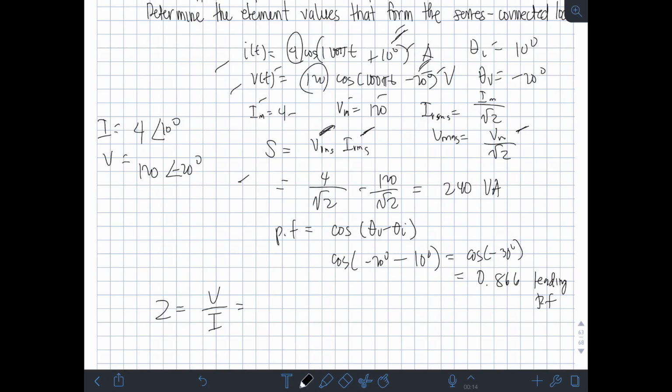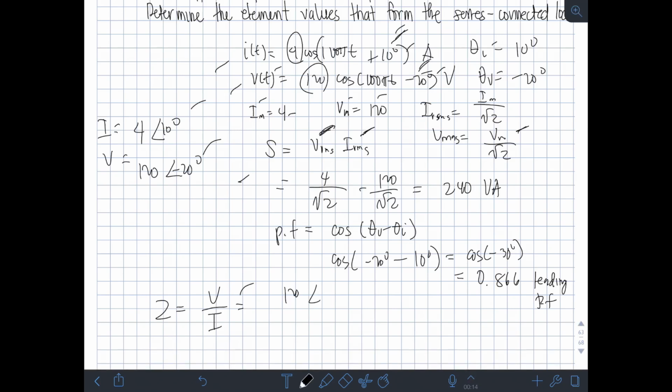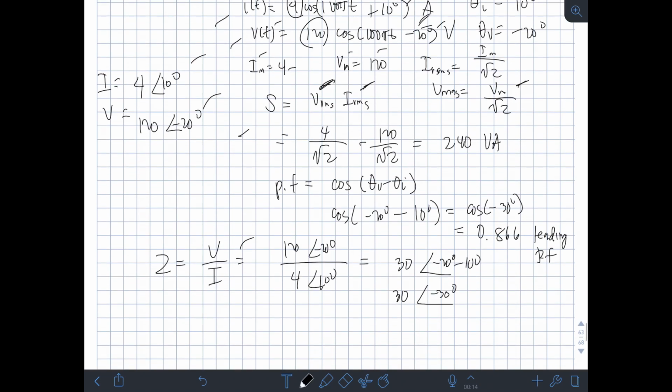Right? So, therefore, substituting dito sa impedance formula, we have Z is equal to 120 angle negative 20 degree over 4 angle 10 degree. So, 120 divided by 4 is 30. And then, yung angle is negative 20 degree minus 10 degree or 30 angle negative 30 degree. So, using calculator, input natin to.